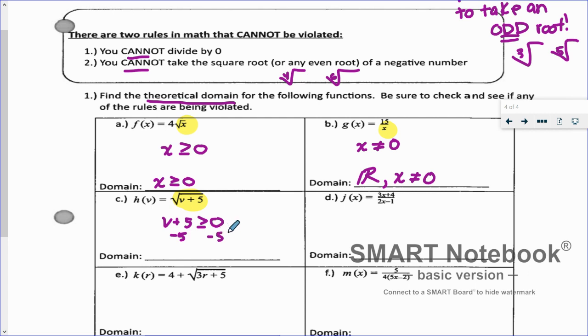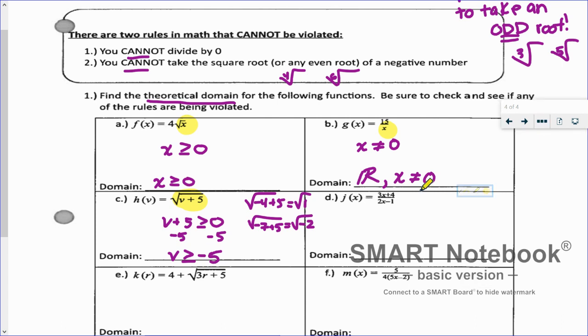So if I solve, I get that my domain is any number greater than or equal to -5. If I, for instance, put in -4, -4 plus 5, that's fine. That's the square root of 1. However, if I put in a number below -5, let's say I put in -7, that's going to be an issue. I cannot take the square root of -2. So my numbers must always be bigger than -5.